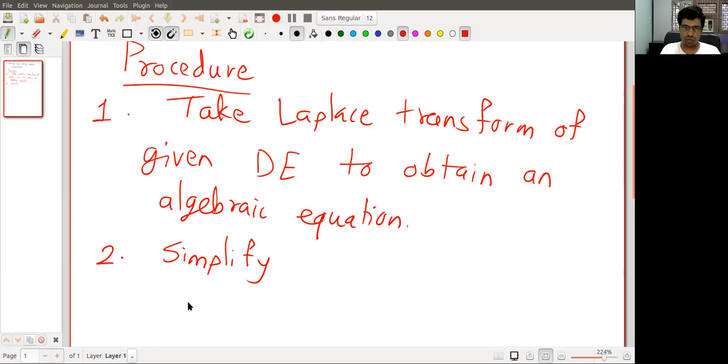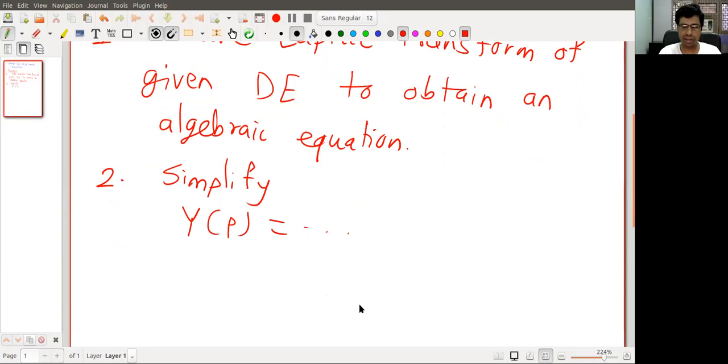to obtain equation of the form, say capital Y of p equal to some function of p, where capital Y is Laplace transform of small y. Small y is dependent variable in the differential equation.